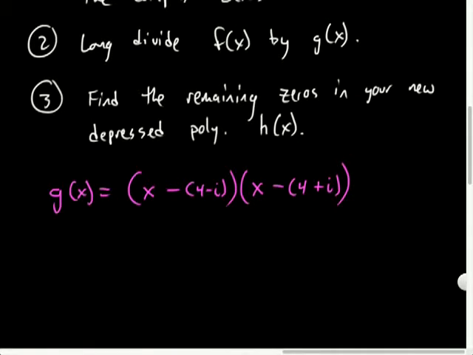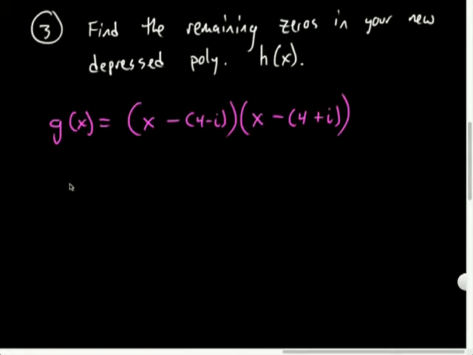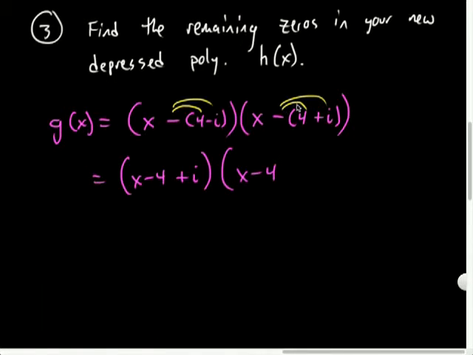So I'm using that same concept, but this time with imaginary things. Let's do this out and see what happens. Let me distribute this minus sign for both of these. For this, I'm going to have x minus 4, and minus a negative i is the same as plus i. And for this one, I'm going to have x minus 4, and instead of plus i, it becomes a minus i.